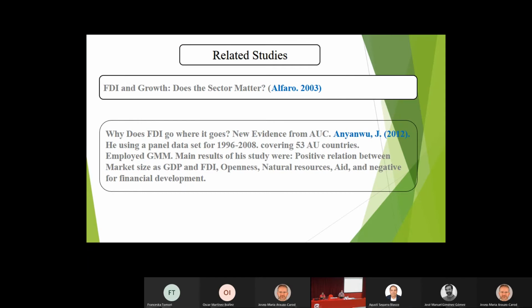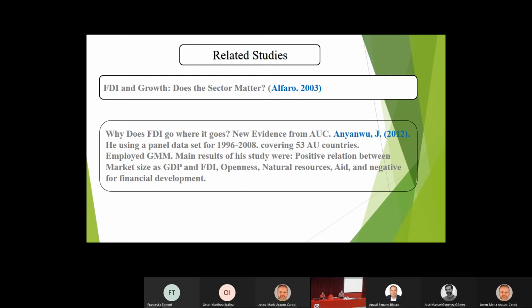Related studies. Alfaro, 2003, wrote a good article on FDI and growth: does the sector matter? She examined some African countries and found positive effects with infrastructure and openness, and others negative, a different impact. John Unwi asked this question: why does FDI go where it goes?